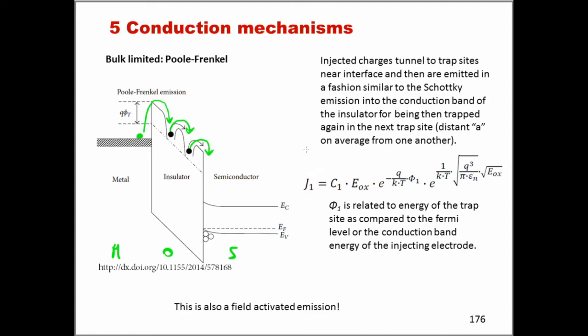The relation between the current density and the electric field is shown in this formula here. You can probably realize that there are terms that remind the Schottky emission, as you can see here, and also the term that indicates the thermal process that is involved.